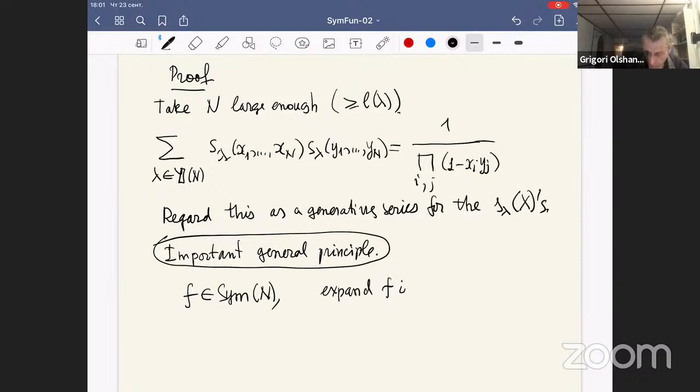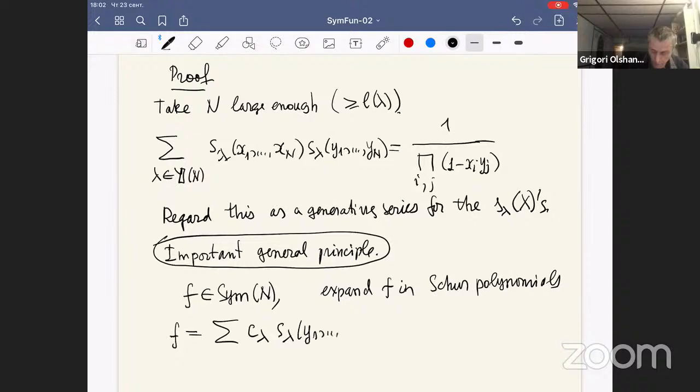According to our notation, I will write as follows: F is equal to some linear combination in the Schur polynomials in the variables y's.